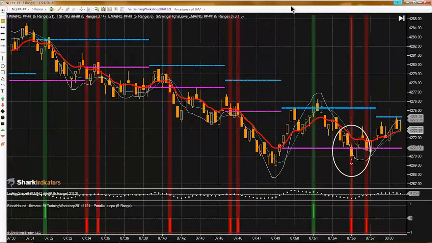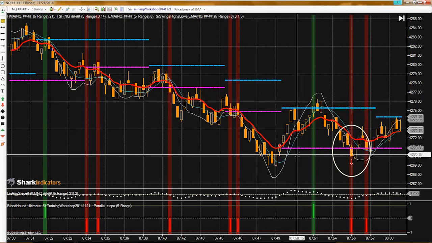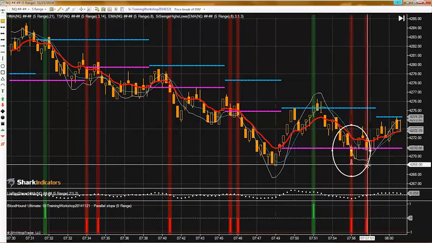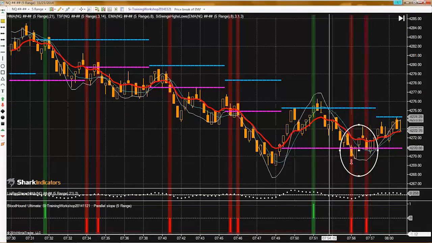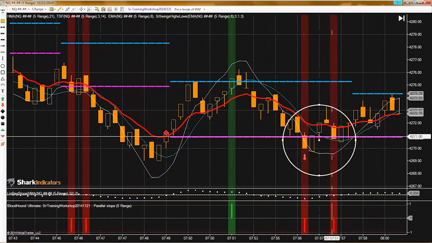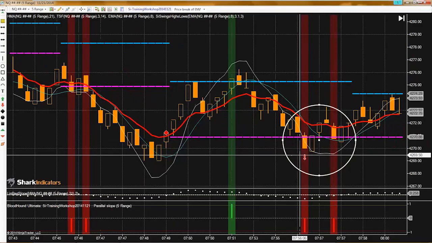So let's open this, make this a little wider, so we can actually see here we got 2 crosses. We got our first one, then we got another little blip down, like so.